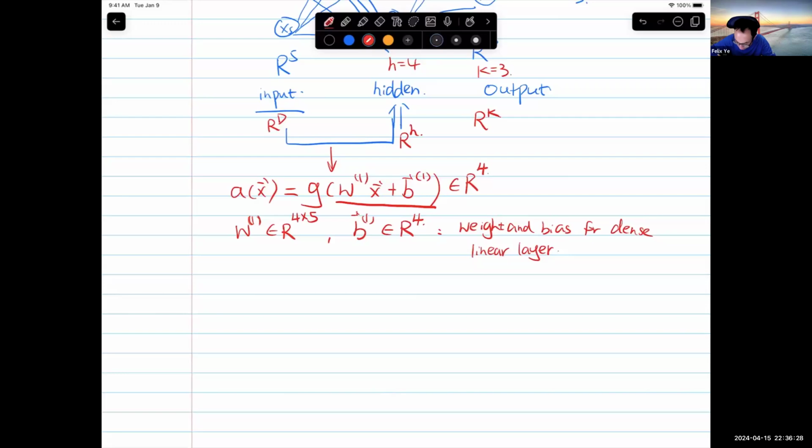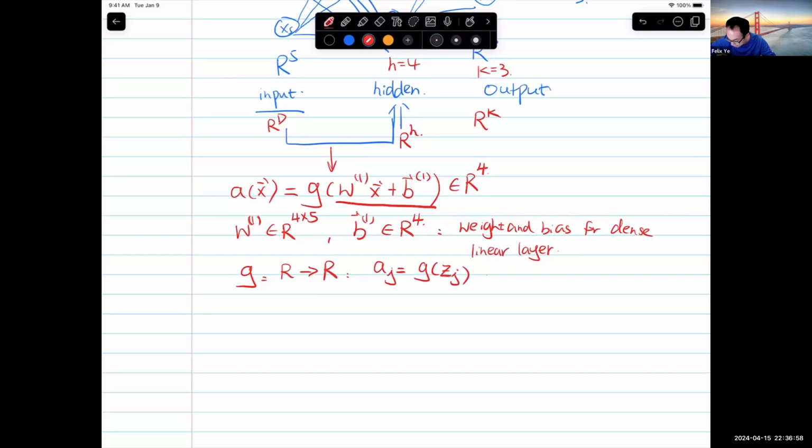Then the g here, I'm going to define as an R to R function, defined entry-wise. Although the output of W times x plus b is a vector, I'm going to apply this g function entry-wise. So a_j is equal to g(z_j).